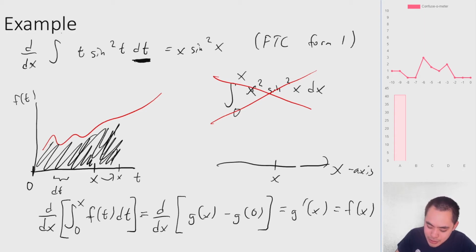You might even see me say t equals 0 to t equals x, if I want to be super clear about what variables we're using. The idea is that our integral is always over some axis, sometimes the t-axis, sometimes the x-axis, and we always specify which by using dt or dx.